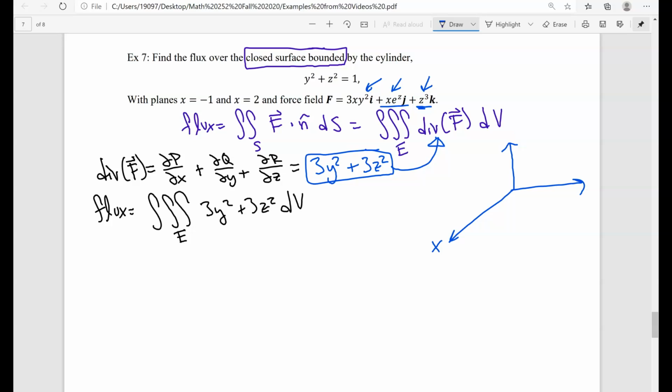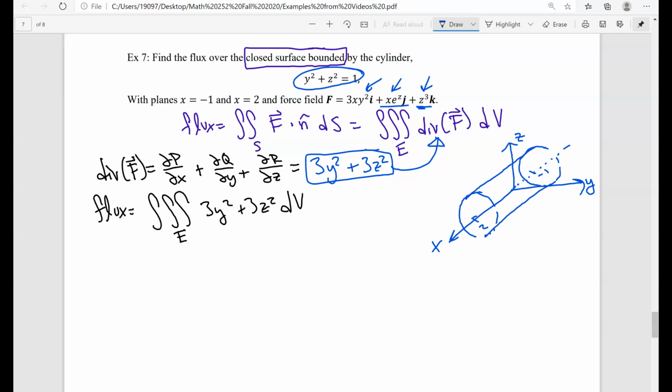You have your cylinder, at -1 and at +2, and you have these circles. Notice that it's oriented on the x-axis. So you've got this circle, this other circle, and you've got the cylinder.